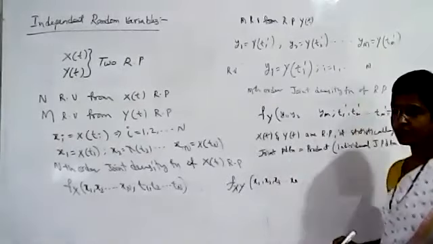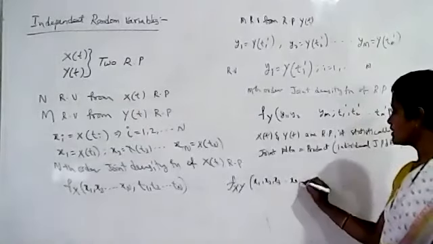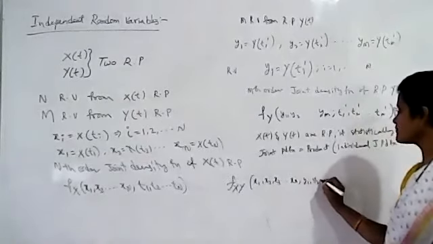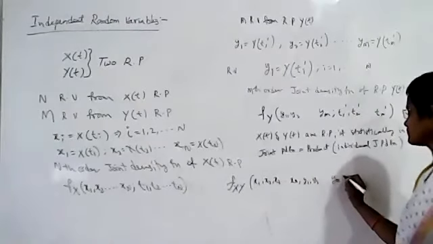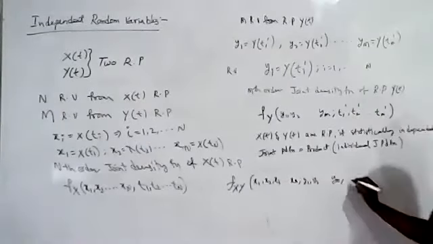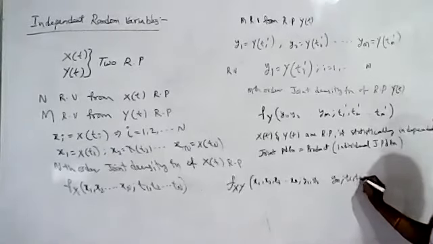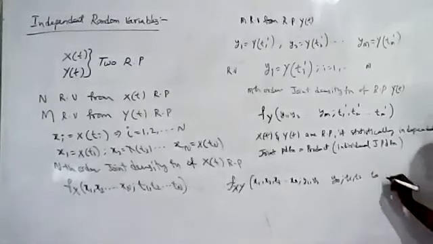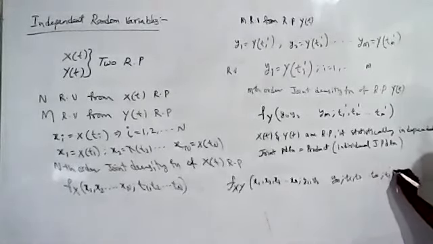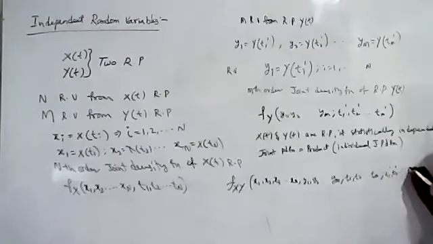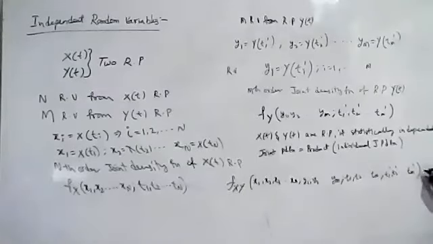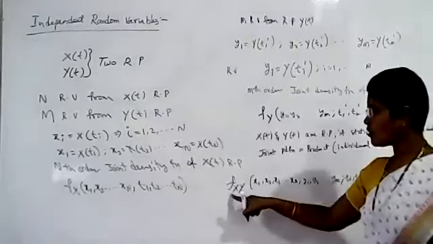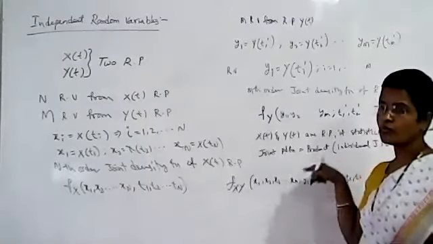X1 and so on are the random variables from capital X, and Y1 and so on are the random variables from capital Y. We obtain X1 from time instances t1, t2, and so on up to tn, and similarly t1', t2', and so on up to tm', are the other time instances to obtain the random variables Y1 and so on. This is called the joint probability density function of these two random processes, which is why we use XY.